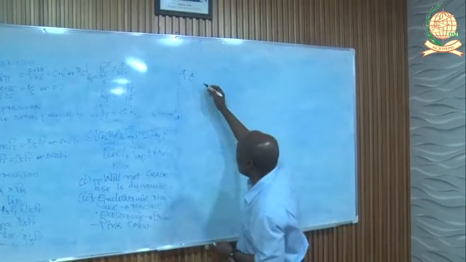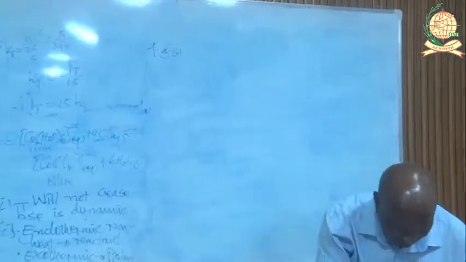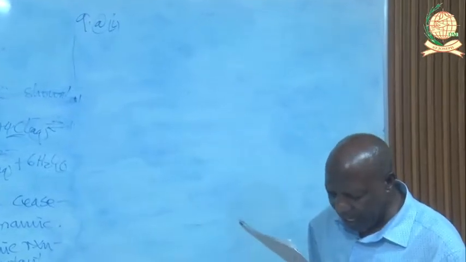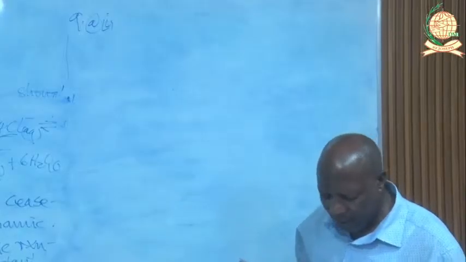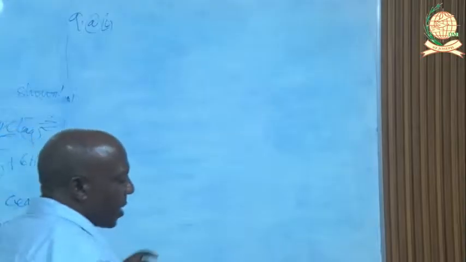Phenomenon number 1 is that hydration of an alkene like ethene is possible only in the presence of acid. Hydration, the addition of water over any alkene, is possible only in the presence of acid. Why?